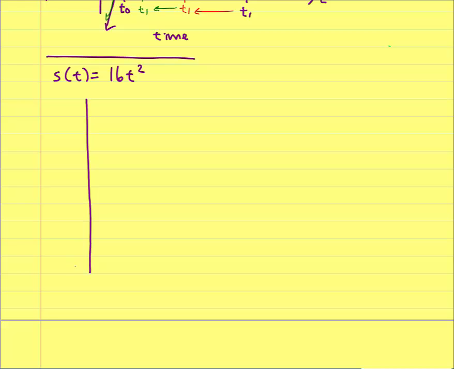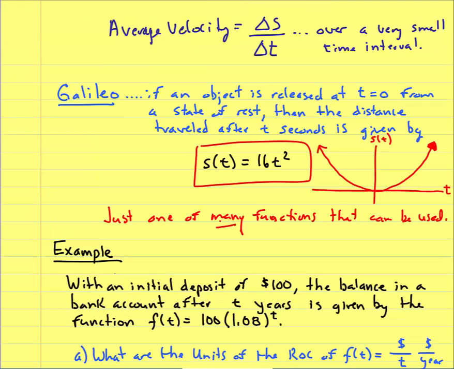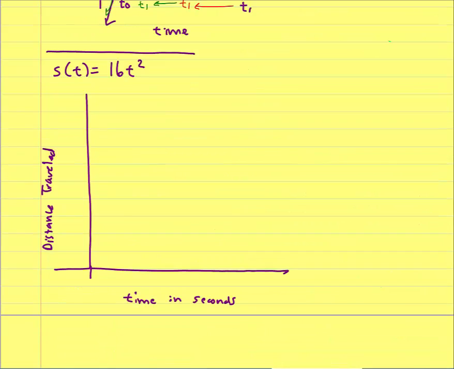So as we're working with this, on my horizontal axis, this is time, in seconds. And then my vertical axis is distance traveled. So I want to look at that gap between 0.5 and 0.6.